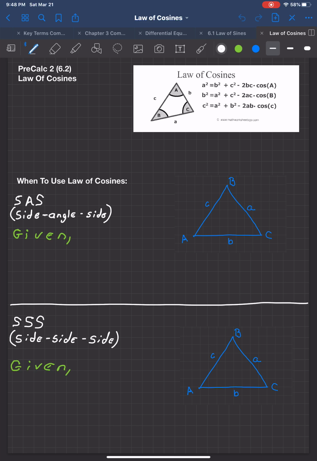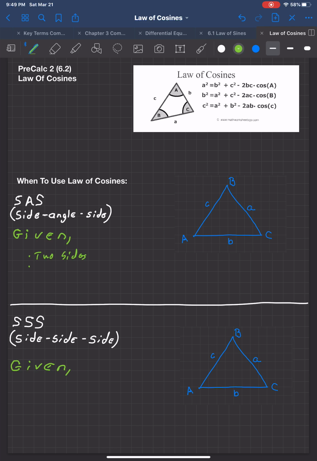So you'll use the law of cosines when you have a triangle that's set up as side, angle, side, right? So side, angle, side. That would mean that you have two sides, and this time you have an included angle. All right, ready?